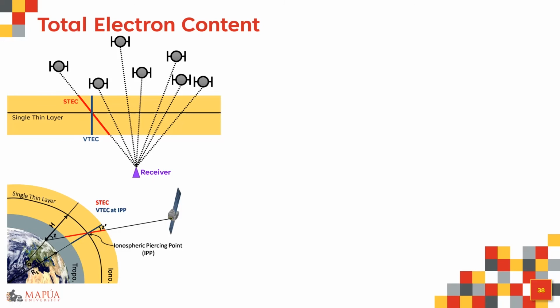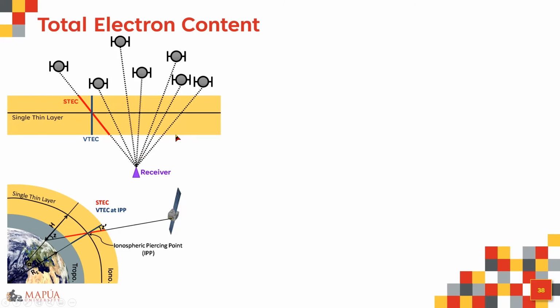Before, it could receive up to 8 satellites, but right now it can receive up to 20 because of the increased number of satellite systems other than GPS. We already have GLONASS, Galileo, Beidou, etc. The important thing to remember is that each satellite-receiver pair will give you a different slant TEC, and therefore a different vertical total electron content.